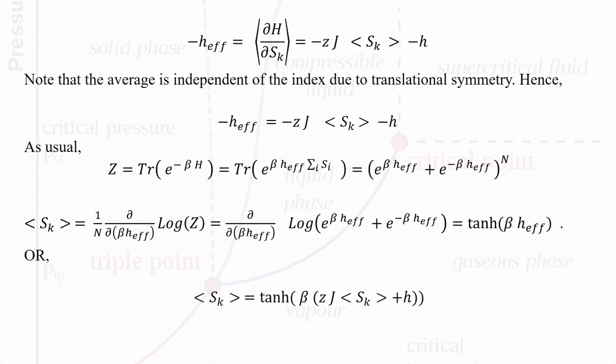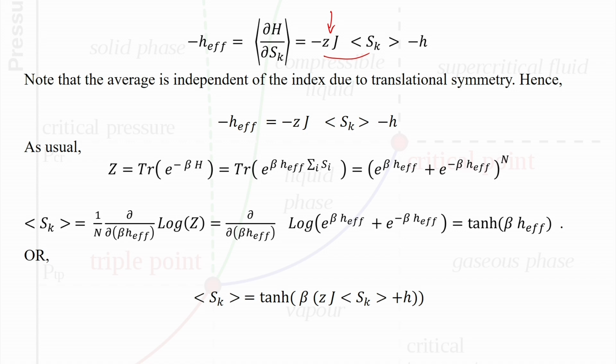Let's assume that there are z of those. z is what's called the coordination number, the number of nearest neighbors to a given spin s_k. So I can write H effective in this fashion.